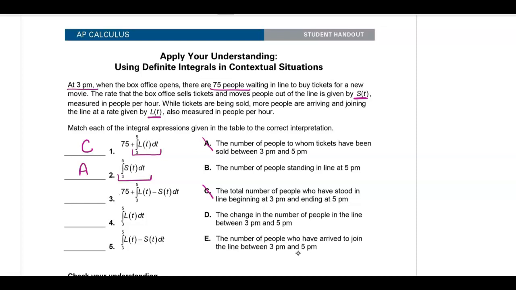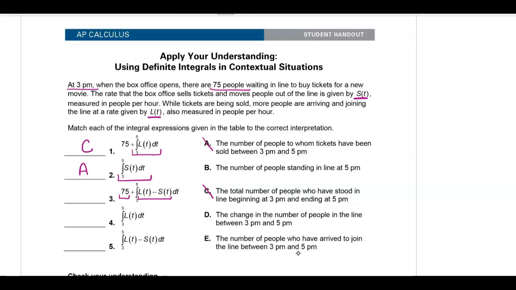Number three, 75, and then we're looking at people joining the line and leaving the line. And so that's going to be the overall change that's happening, because in general we have 75 people. People are coming, people are leaving. So that's going to be, nope, not D, because it's going to give us actually our amount, right?